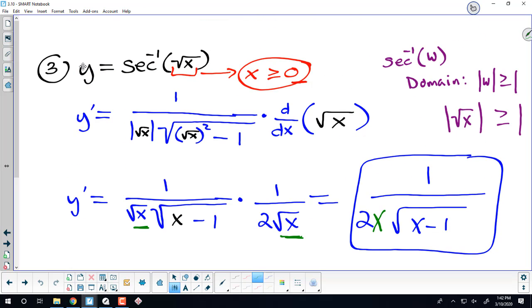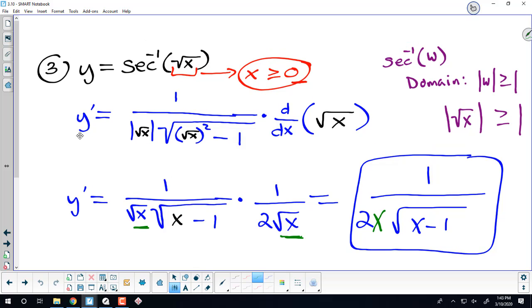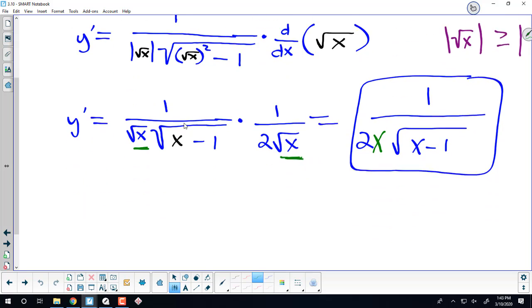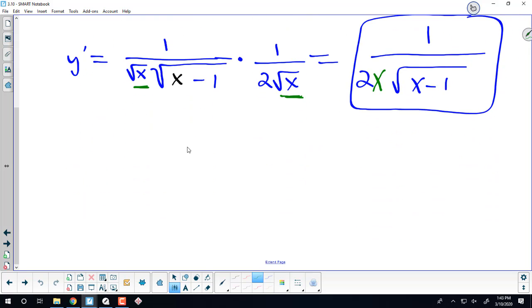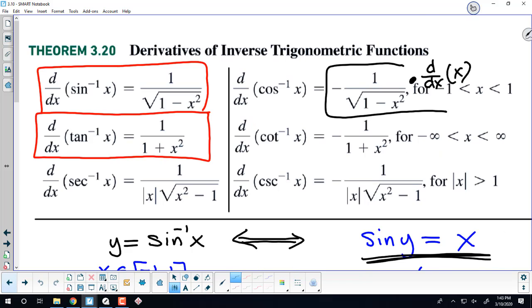So yeah, 3.10 is where we left off. We were pretty much done with 3.10, derivative of inverse trig functions. I think perhaps we'll look at one more example. Remember, as far as the exam goes, all you're going to have to do is match these functions with their derivatives.